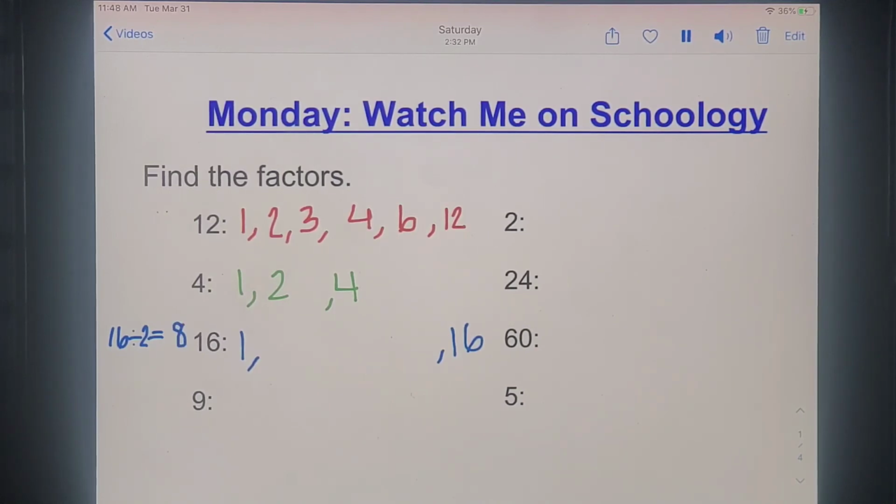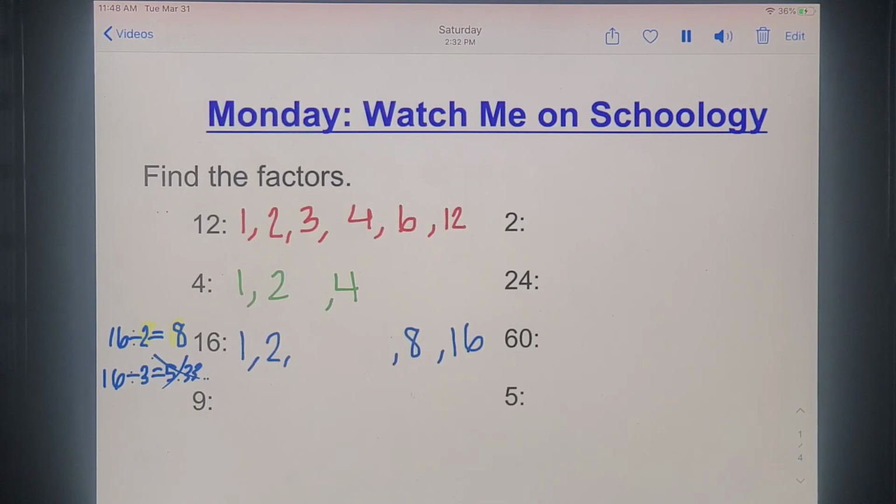So we would write down 2 and 8. Next, we can try 16 divided by 3 in your calculator. When you do that, we get a decimal. 5 decimal 3, 3. So that one is not good. We don't want a decimal.